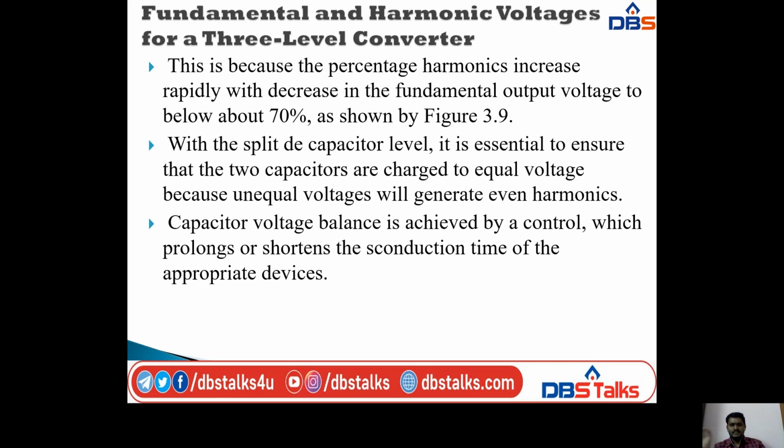With the split of the DC capacitor, it is essential to ensure that the two capacitors are charged to equal voltage, because unequal voltages will generate even harmonics. Capacitor voltage balance is achieved by a control which prolongs or shortens the conduction time of the appropriate devices.